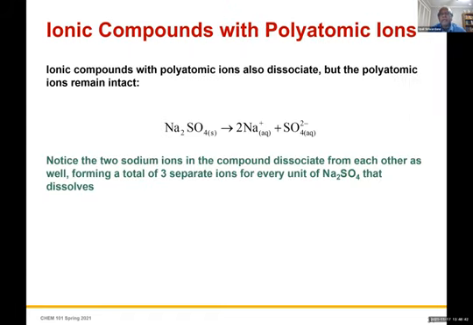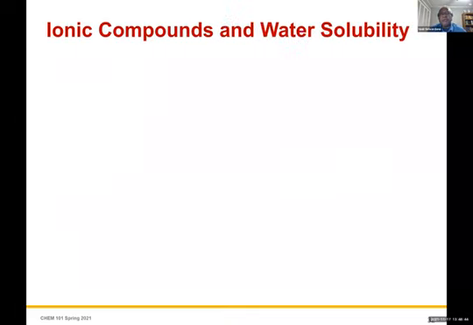So this is something that you have to know about solubility: when these ionic substances go into water, how they hydrate and go into solution. Some salts, like silver chloride, are not soluble in water.